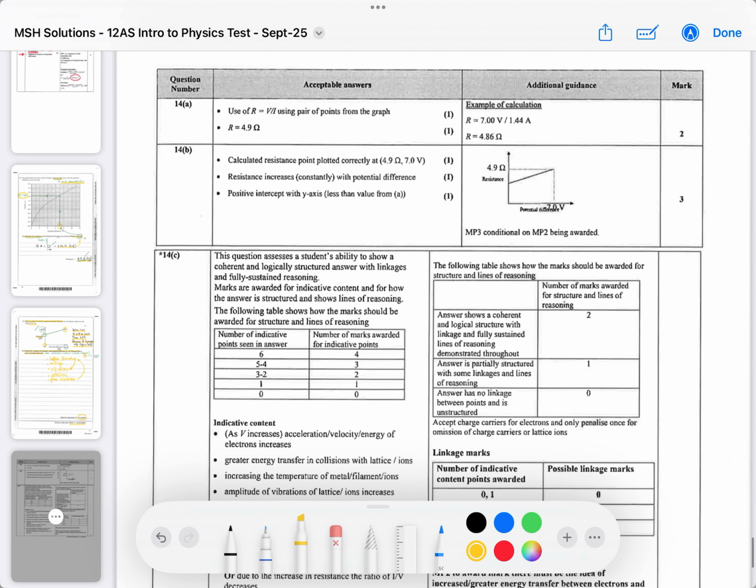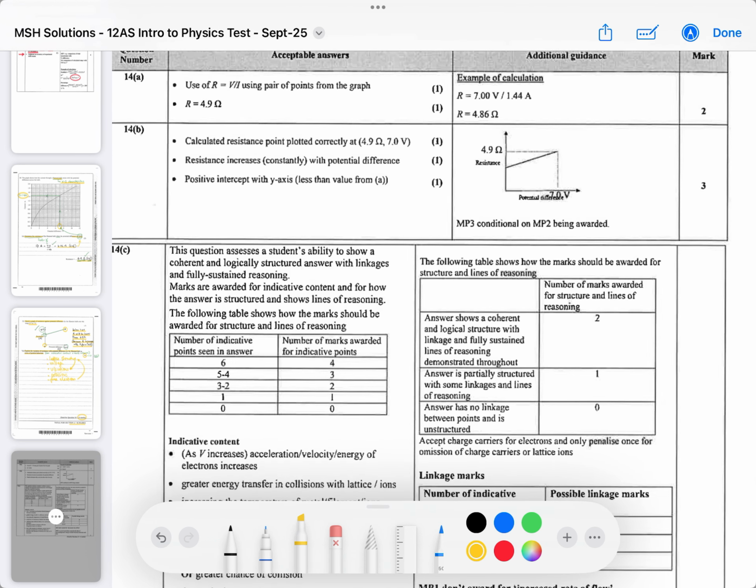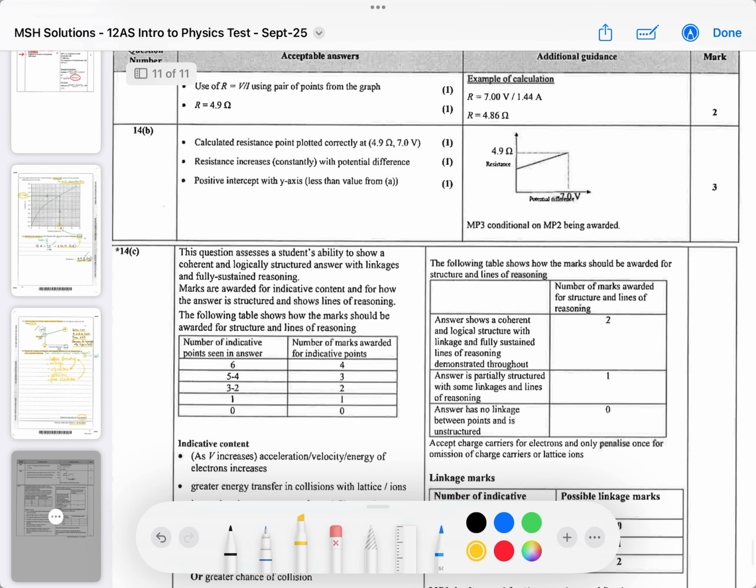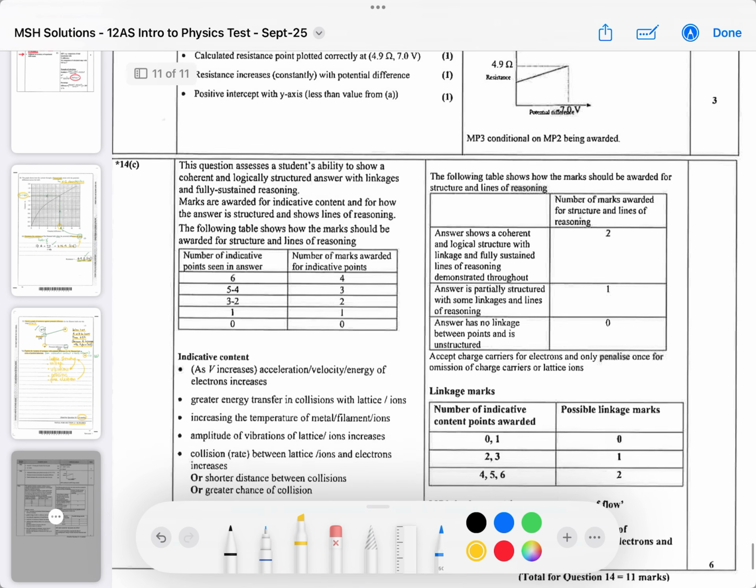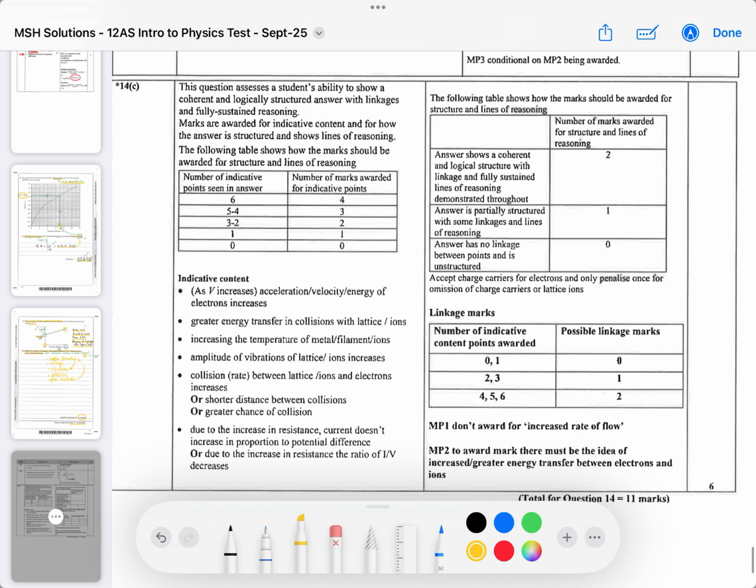Okay, so there's the mark scheme. Hopefully you can see it. And here are the indicators that they're looking for. As the voltage increases, the acceleration or the velocity or the electron speed increases. So the energy of electrons increases with voltage because obviously they're being accelerated towards the positive end.